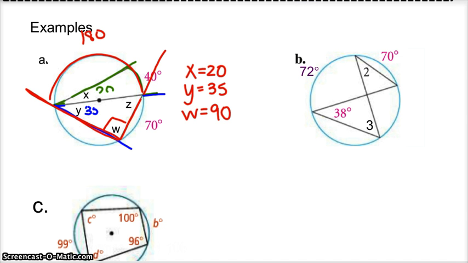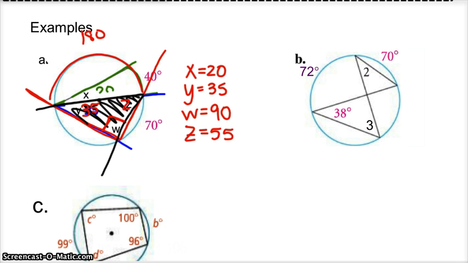And then lastly, we need angle z. What I'm going to notice here, and you could extend angle z if you want to and subtract from 360, but I notice that I have a triangle with angles of 35 and 90, so I'm able to find angle z by subtracting from 180. And when I do that, I get 55.